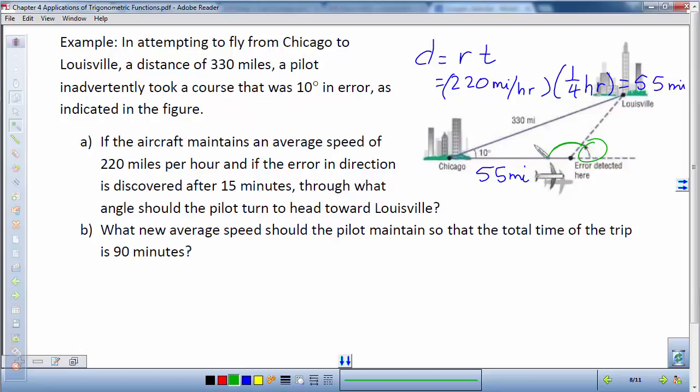I've got the opposite side, and this side, but I don't know any other angle measures. So what else do I need to know? Or am I ready to set something up?